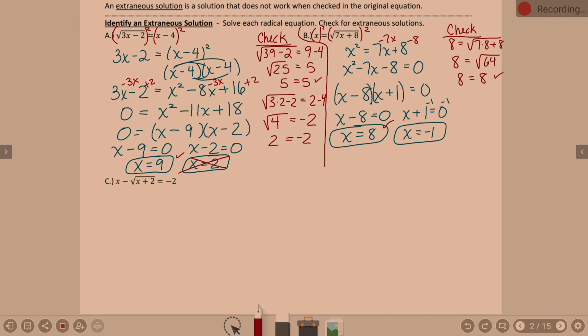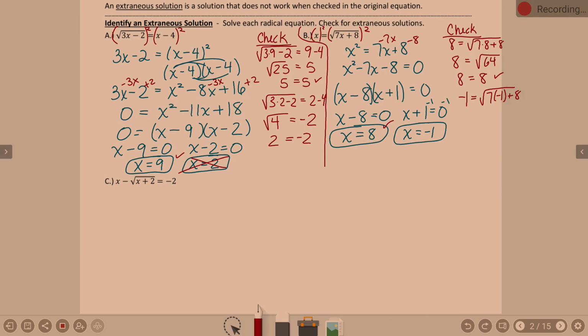What am I plugging in? Negative 1. Negative 1 equals the square root, whoops, that wrote weird. Negative 1 equals the square root of 7 times negative 1 plus 8. I'll be honest, I can stop right there. Why can I stop right there? You cannot have a radical equal to a negative.